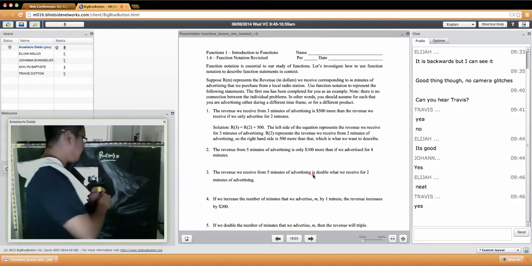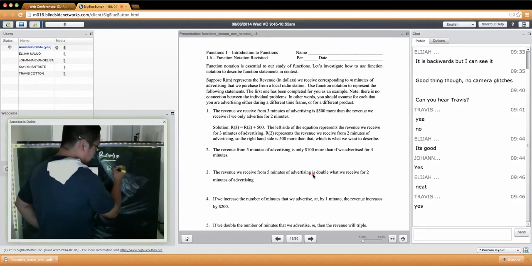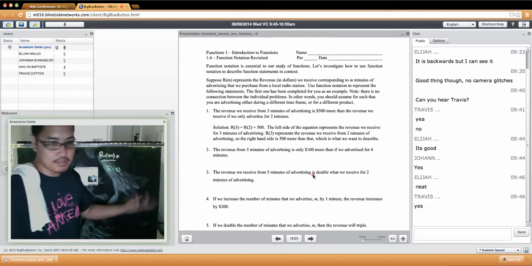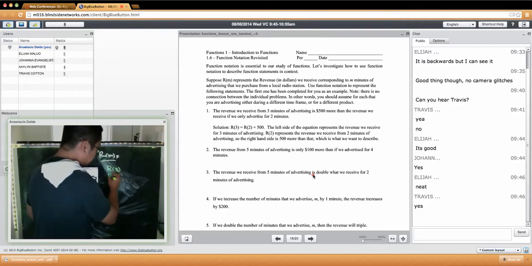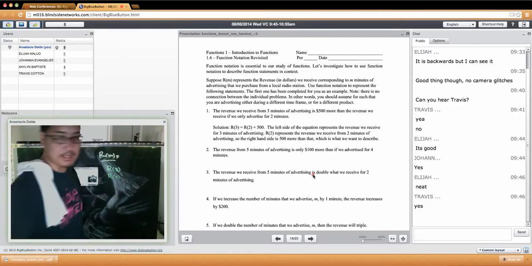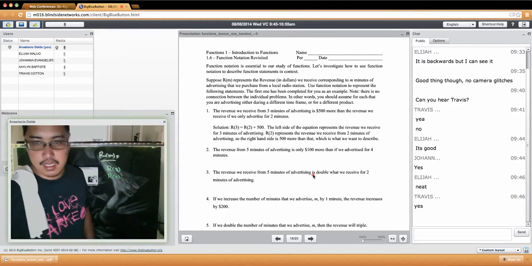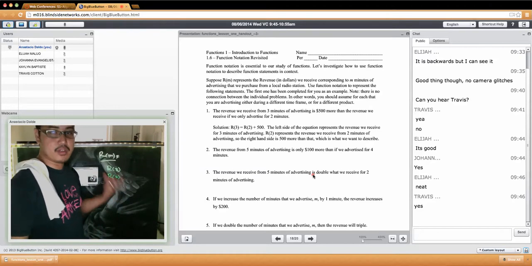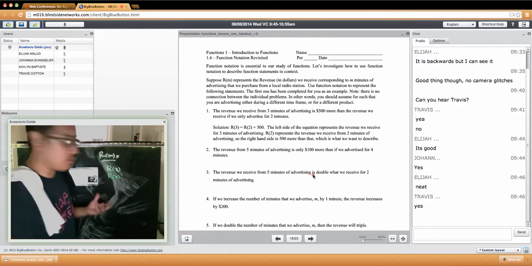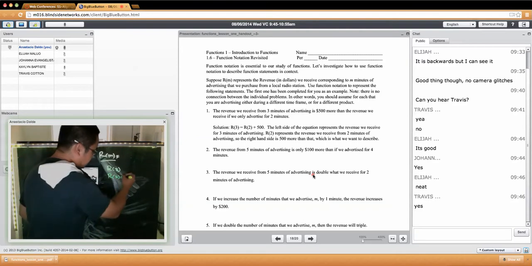Then if I say the revenue of 3 minutes is going to give me some number, R(3) is going to equal some number. And the revenue of 2 minutes is going to give me some number. They told me that the revenue I get from 3 minutes is going to be $500 more than the revenue of 2 minutes. So all I've got to do is add 500, and these are equal to each other.